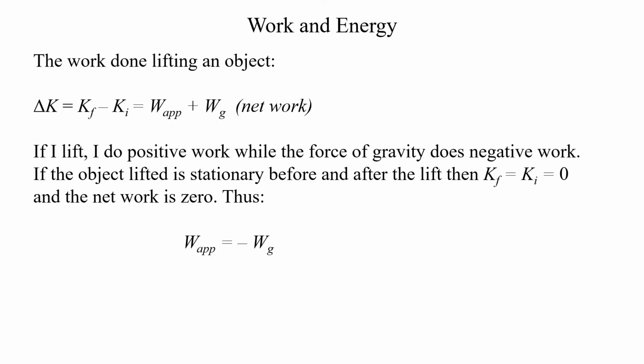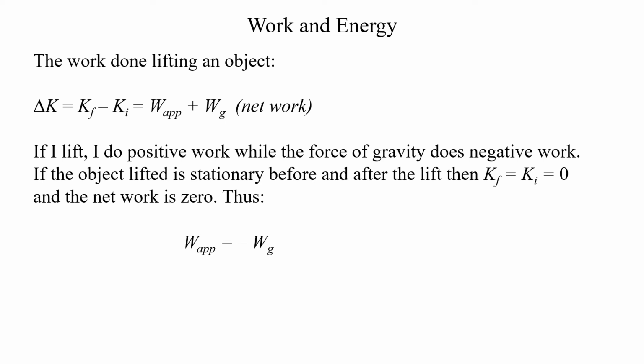Now, what about lifting an object? So when you lift an object, we're applying an additional force. It's our applied force, but yet we still have gravity acting on the object that we lift. So the change in the kinetic energy, K final minus K initial, equals the net work, which is the work done by us, our applied force, plus the work done by gravity.